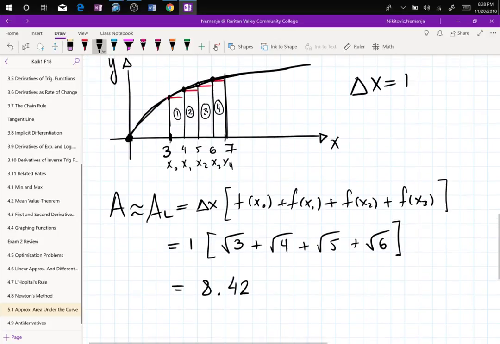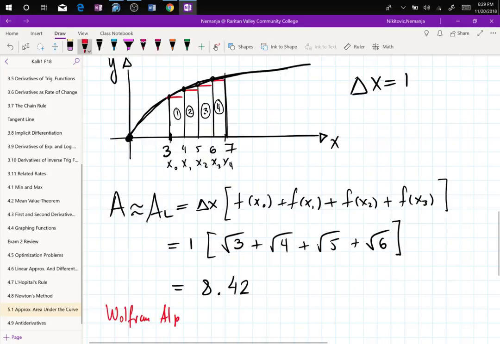The Wolfram Alpha answer says that area is equal to 8.883. And we have, by working on middle school math, 8.42. I'm happy with that. Right?